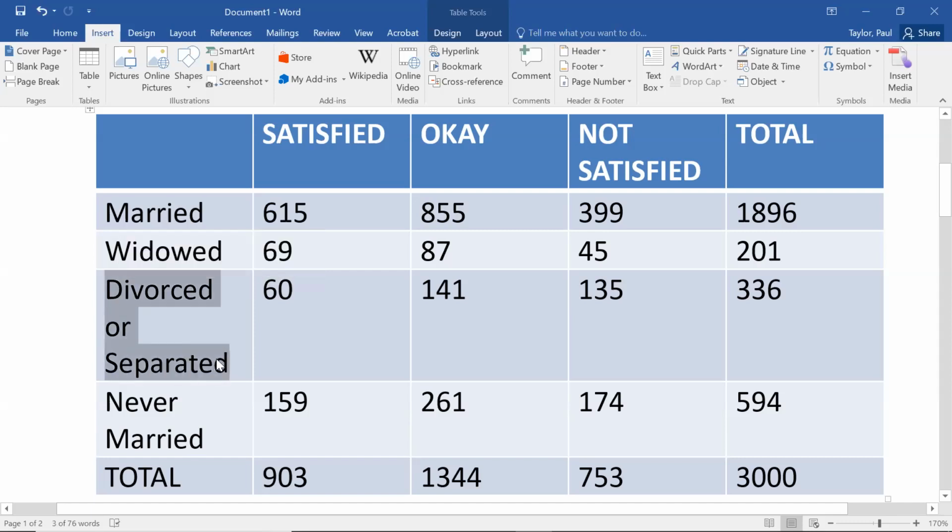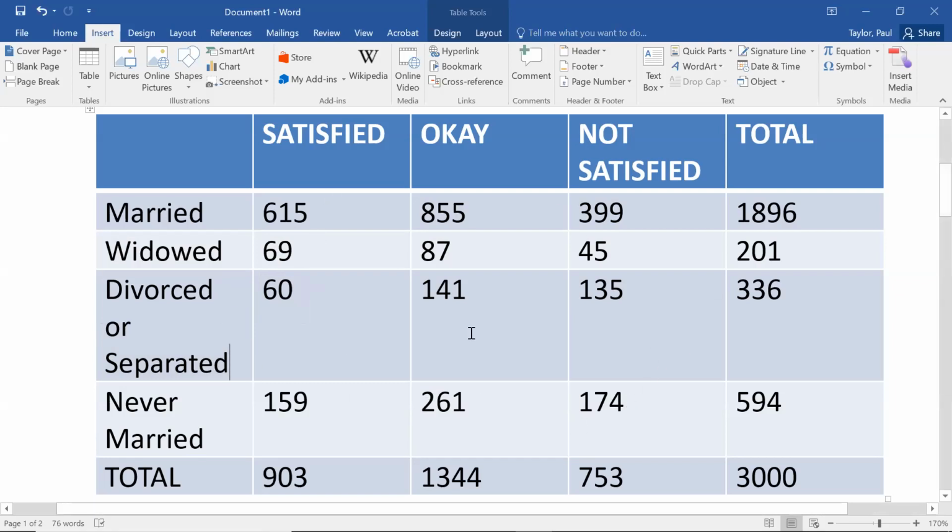Another option would have been just to get rid of the separated people altogether, say, you don't get counted in this analysis because there's not enough of you for my stats analysis tools to work. But the solution I chose was to put the divorced and separated together.